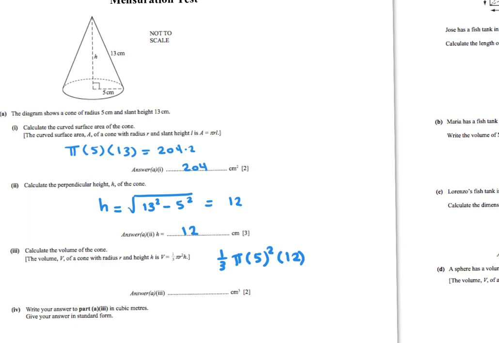Fraction 1 over 3 multiply π multiply 5 squared multiply 12. 314.159. So to 3 significant figures, 314, or to 2 decimal places, 314.16.